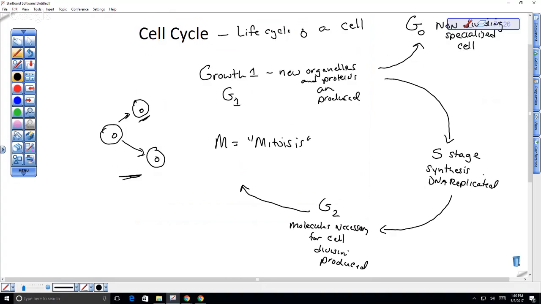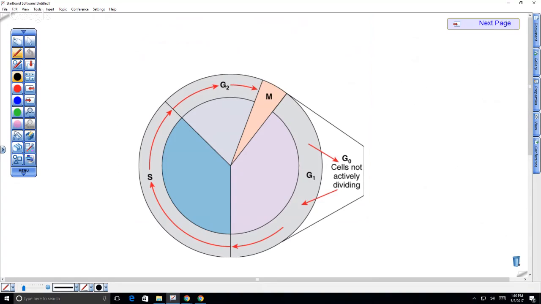Okay. So if we look at a diagram in your book, you can see G sub 0, right? It leaves the cell cycle, but that cell could be stimulated to reproduce and re-enter the cell cycle. S would be where our genetic material is being replicated. So this actually shows the amount of time.